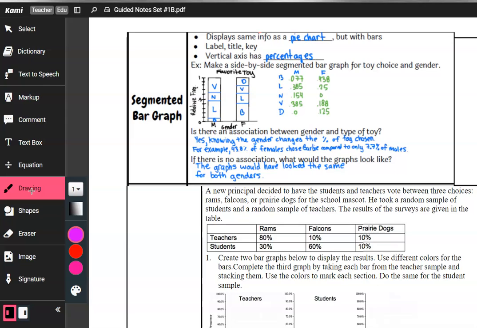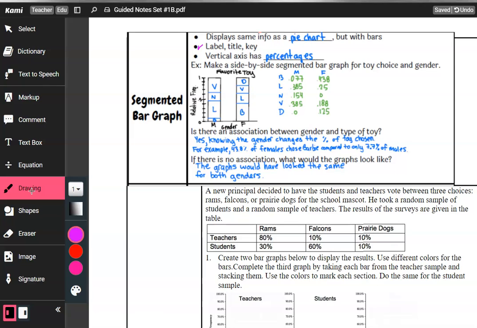So the larger percentages get a larger space, and here we label the axis, the title, and the key. So label the axis, title it, and here is what these numbers represent.